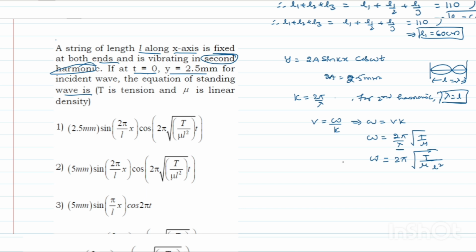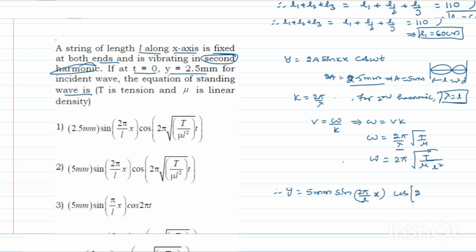So here 2a is given as 2.5 millimeter, then the amplitude will be 5 millimeter. Therefore y equals 5 millimeter into sine of k, in the sense 2 pi by lambda. Lambda is nothing but L, into x, into cos.